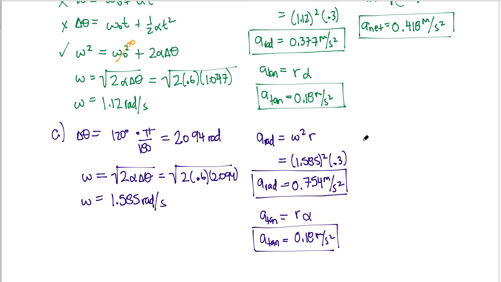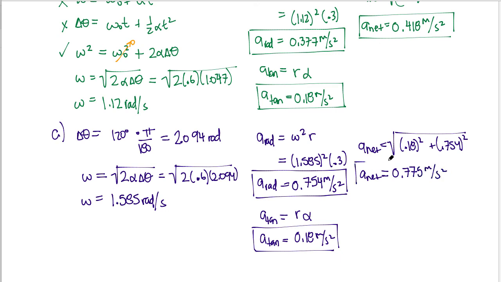And that means that my net acceleration will be the square root of 0.18 squared plus 0.754 squared. And that gives me a net acceleration magnitude of 0.775 meters per second squared.